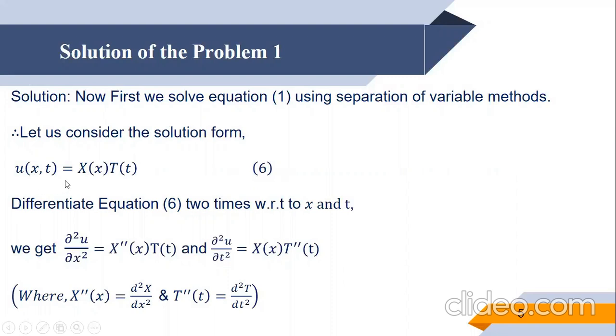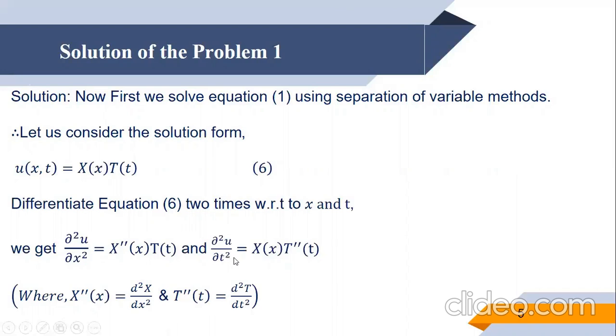Differentiate equation 6 two times with respect to x and t. So we get del square u by del x square is equal to X double dash T, and del square u by del t square is equal to X T double dash, where X double dash is d square X by dx square and T double dash is equal to d square T by dt square.